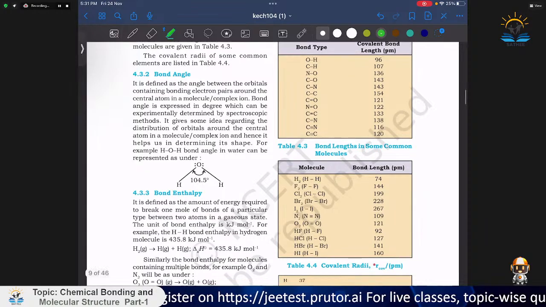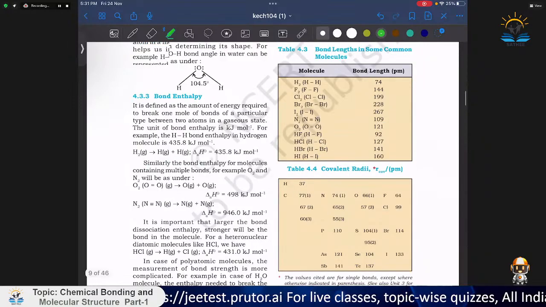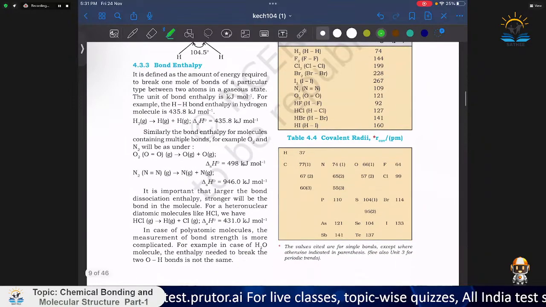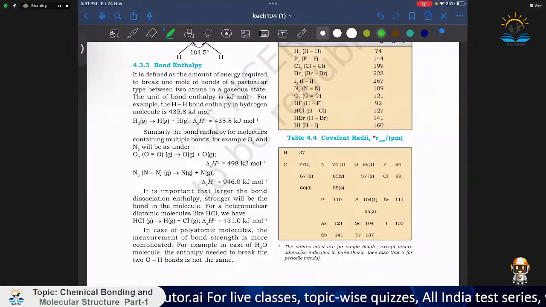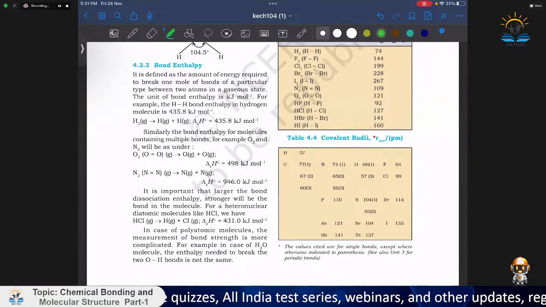Moving ahead, bond enthalpy is defined as the energy required to break 1 mole of bonds of a particular type between two atoms in a gaseous state. To break the hydrogen-hydrogen bond, we need to supply some energy.